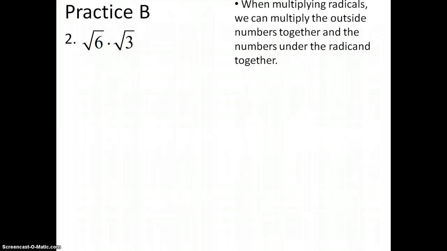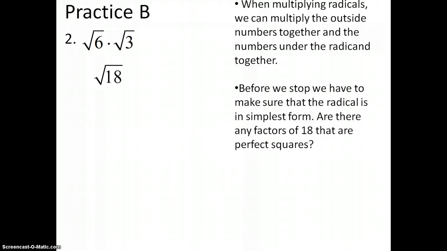If you take a look at number 2, we've got square root of 6 times square root of 3. And again, everything just stays underneath the radical, so we've got square root of 18. Now we've got to ask ourselves if that reduces, so we need to find if there are any perfect squares that are factors of 18. Well, 9 times 2 equals 18.